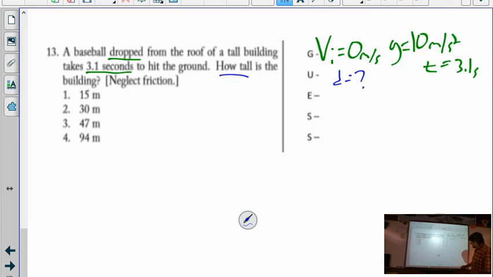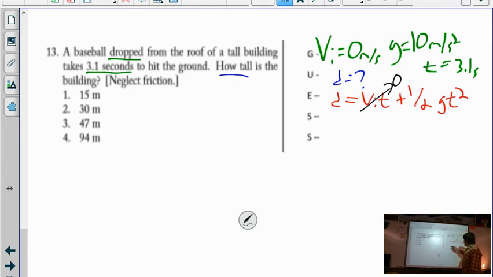So then my equation is going to be D equals VIT plus 1/2 GT squared. My initial velocity is 0. That makes that whole term 0. My distance is equal to 1/2 times 10 times the time of 3.1 seconds squared.